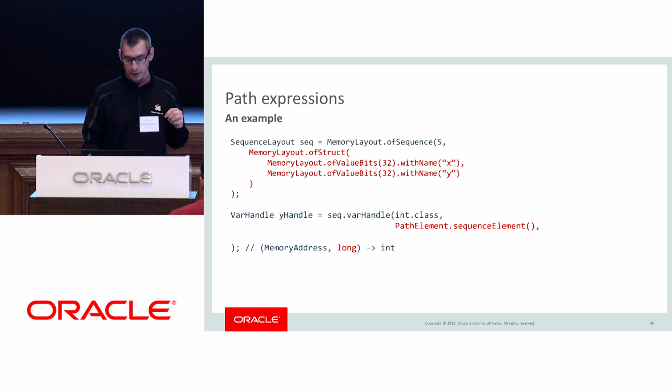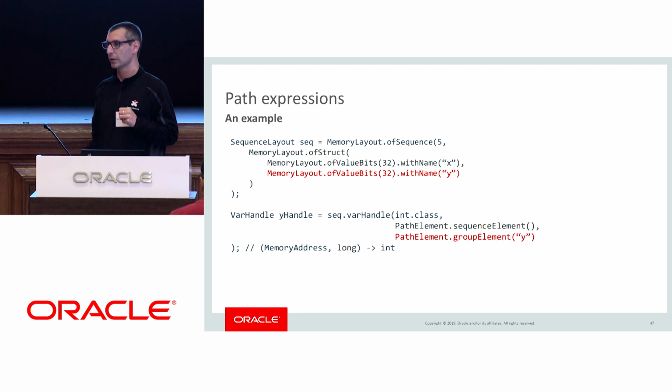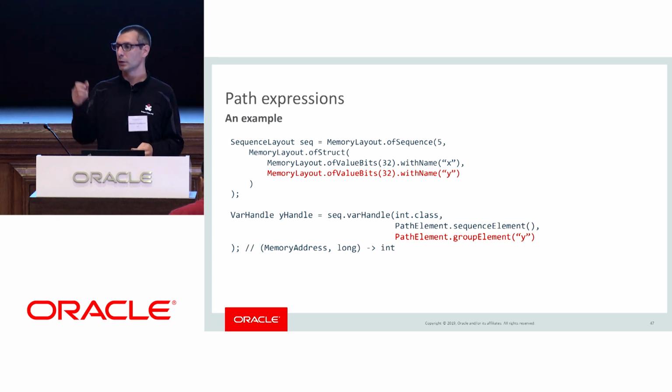Then once I selected the struct, I will need to select which field I want inside the struct, so y in this particular case. And that's essentially it. With this method call, a path expression, I've been able to obtain the same variable I obtained before without using any combinator or any hardwired offset constant or stride constant. All the knowledge is in the layout, and I just leverage that knowledge in order to obtain a variable.